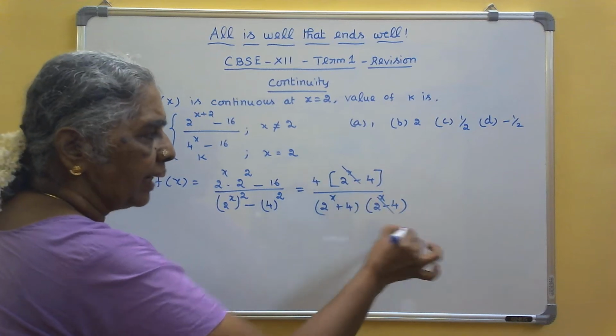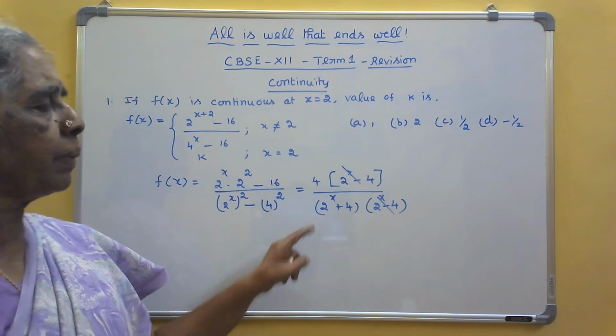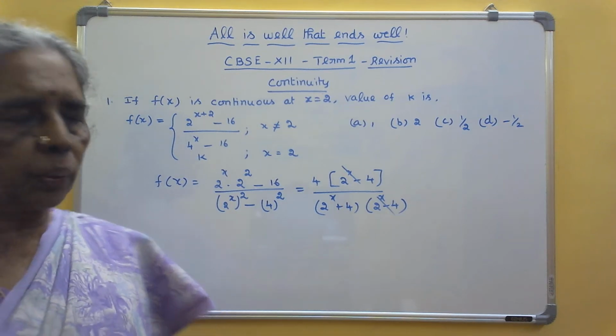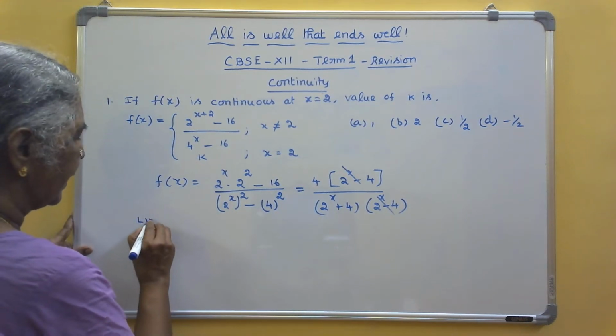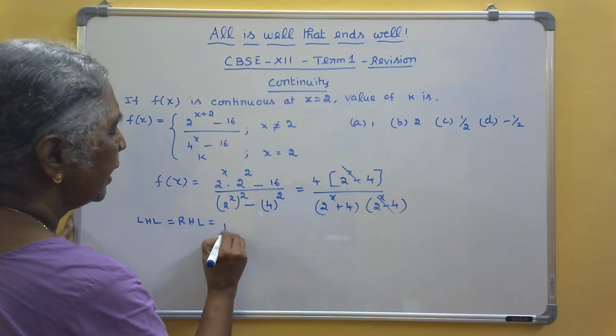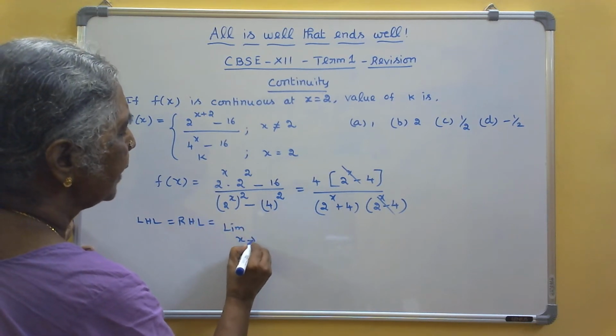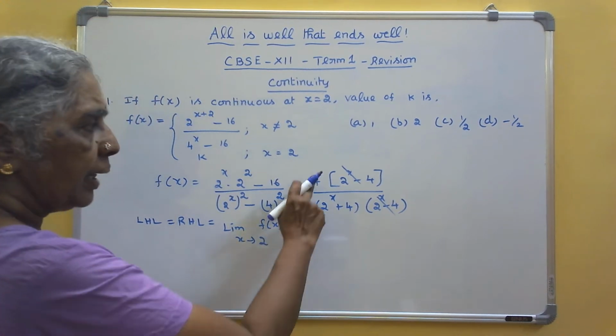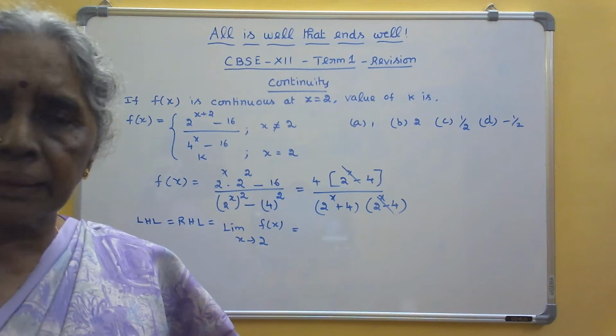So now we can cancel this. Now our f of x becomes very simple, 4 by 2 power x plus 4. So now I can write my LHL as well as my RHL as limit x tends to 2 f of x, that is equal to, in this I have to substitute x is equal to 2.